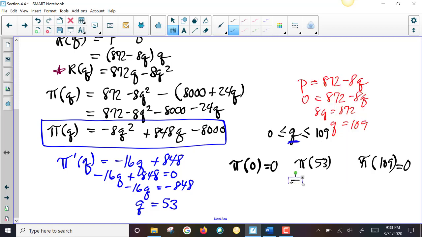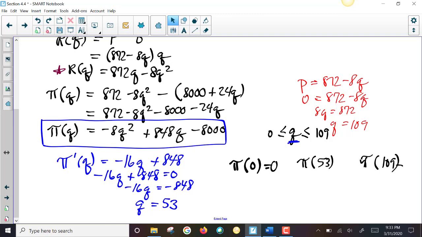So if we make 53 items, we produce them and sell them, we'll make a profit of $14,472.